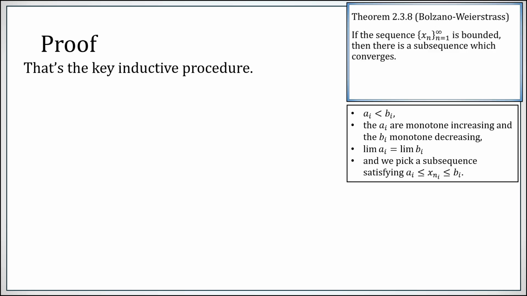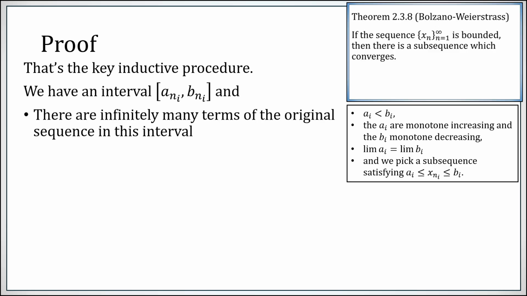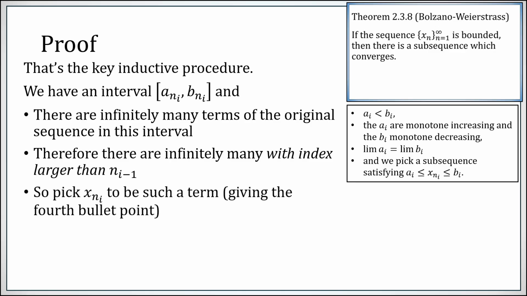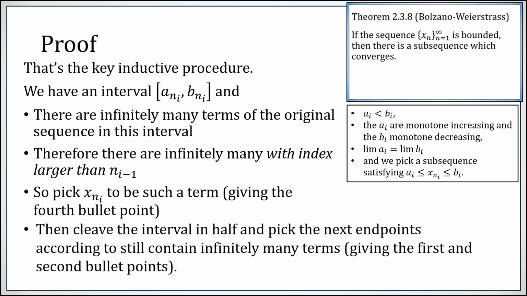So that's the key to the inductive procedure. Every time you have an interval, it contains infinitely many terms. So you have infinitely many terms whose index is bigger than whatever you want. Then you pick x sub n sub i to be something in that interval. Then you cleave it in half, ask which half contains infinitely many, and repeat.